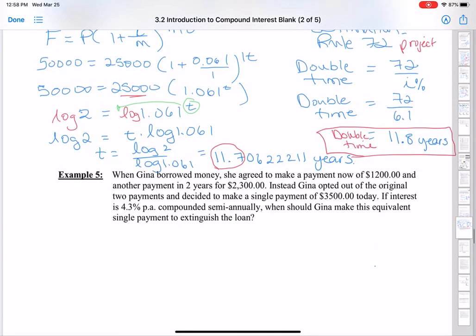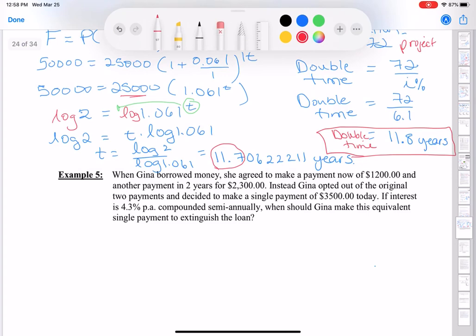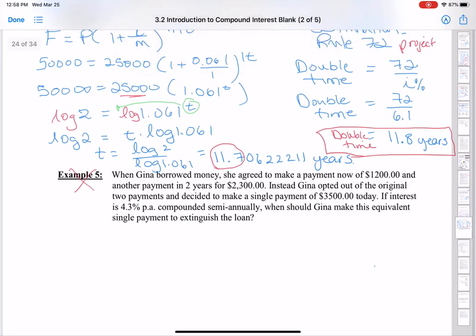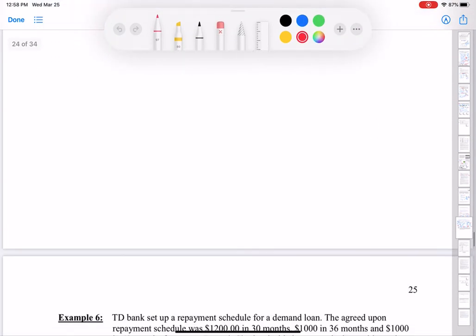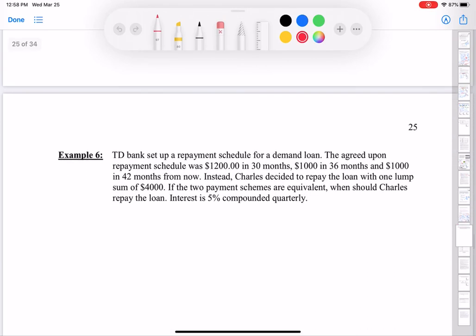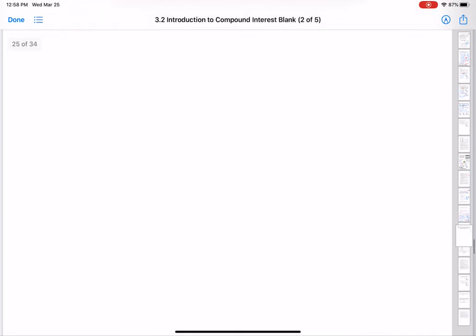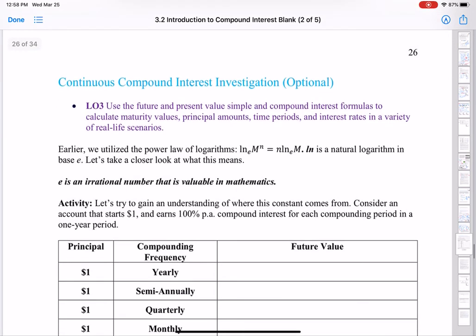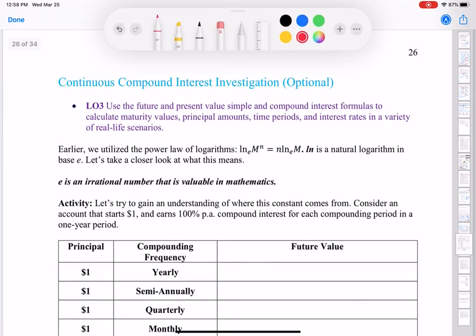Oh, by the way, please omit example 5. We're going to address that in Math 53. And similarly, please omit number 6. That will also be addressed in Math 53. And also, please omit this compounded continuous investigation. This is an extension.